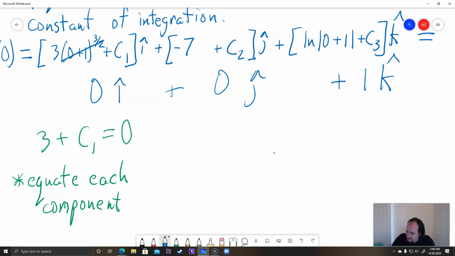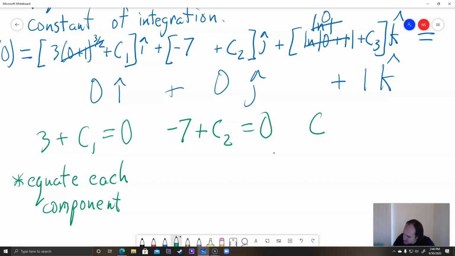So we're actually just going to have negative 7 plus C2 equals 0. And then for the third component, natural log of absolute value of 1 is just natural log of 1. And ln of 1 is 0 because e to the 0 equals 1. So this right here is just 0. So for our third component, we actually just have C3 equals 1.